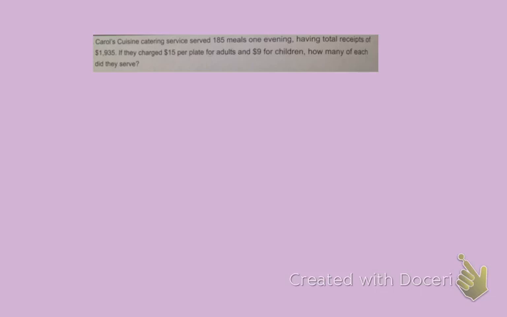Okay. So we have adults and we have children. Adults were $15. And they had a total of 185 meals. It doesn't say that there's a certain amount above another, so you are going to choose which you want to be x, the adults or the children.